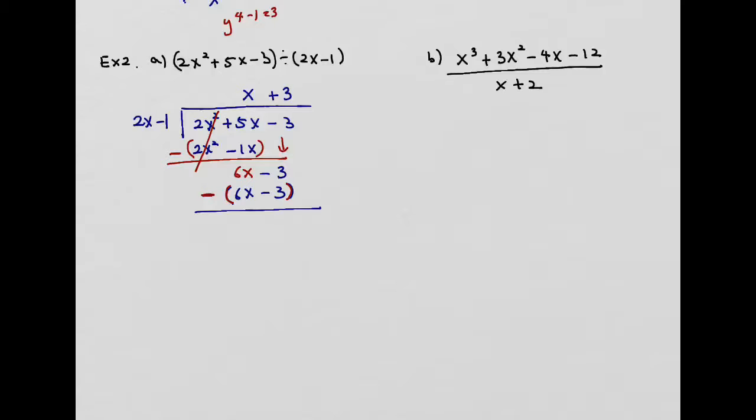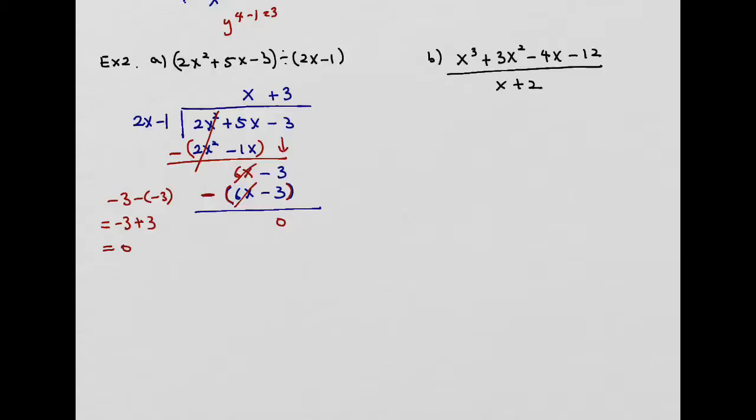When you subtract 6x from 6x, they cancel out. -3 subtract -3 is going to be -3 plus 3, which is going to be 0. So I wanted to show you here, -3 minus -3 is the same as -3 plus 3, which is 0, right?